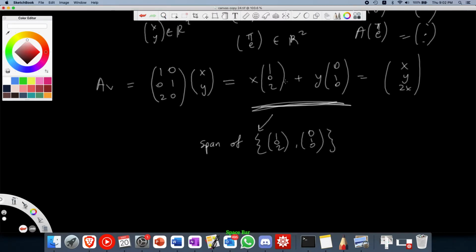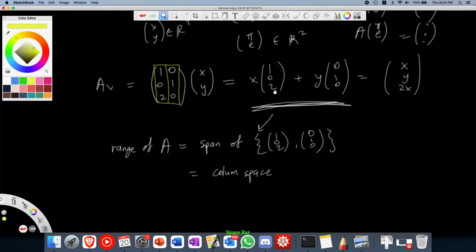You see that because x and y can take on any possible real values, then essentially the range of A is equal to the span of these two vectors. And what's the span of these two vectors? We call it the column space. Why do we call it the column space? Because they are the column vectors in this matrix.